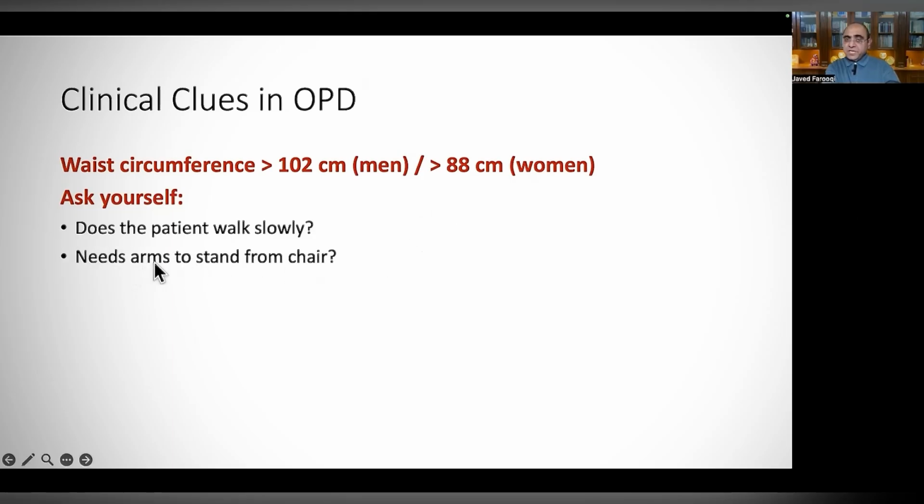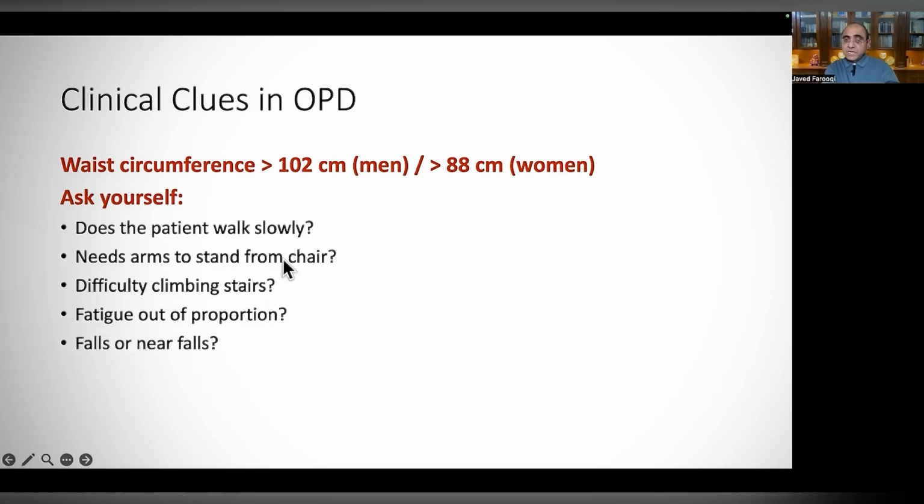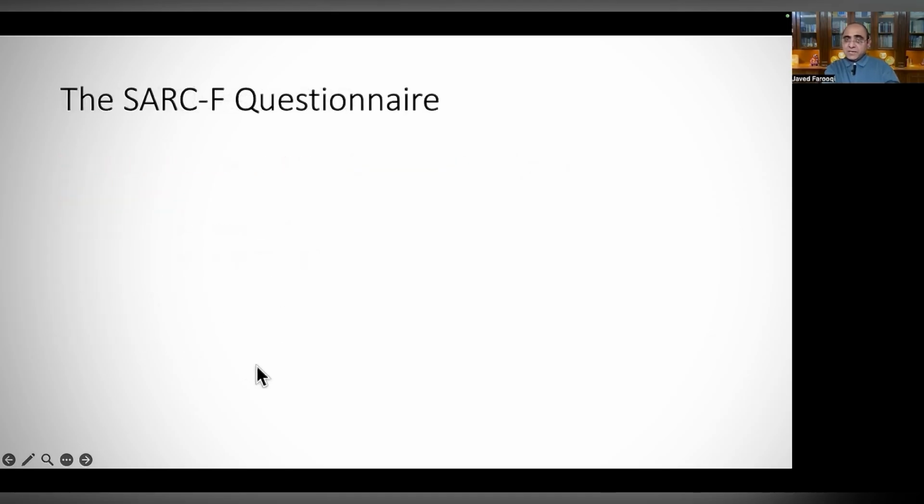Does the patient need arms to stand from a chair? Is there a history of difficulty in climbing stairs? Or is the patient having fatigue out of proportion? Or is there a history of falls or near falls? If these are there, probably your patient has sarcopenic obesity.